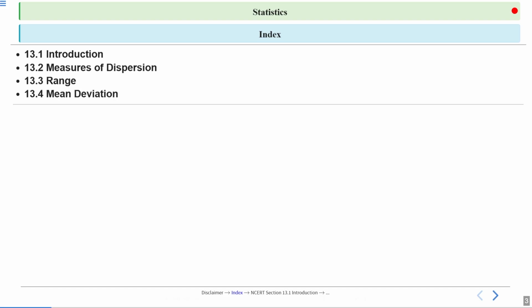Finally, we will discuss mean deviation. There we will discuss mean deviation definition and formula, and how to find mean deviation. I hope you are ready to start. So let's get started.